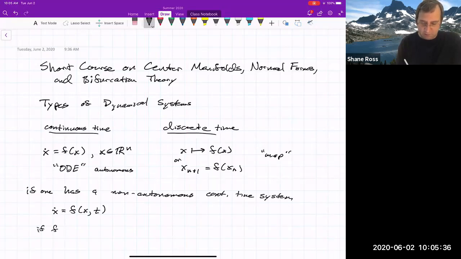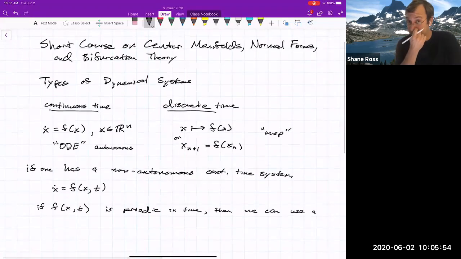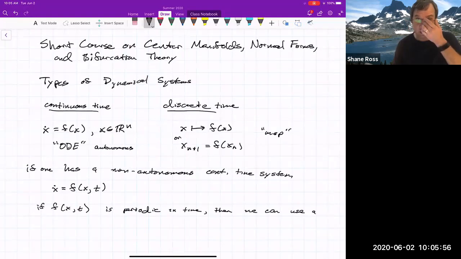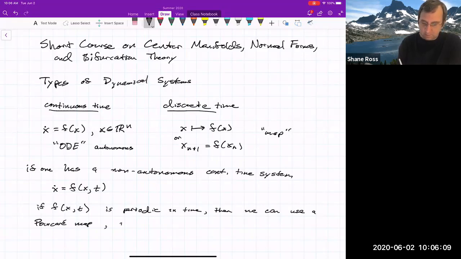If this function f is periodic in time, then we can use a Poincare map. If you remember from advanced dynamics, for a time-dependent system that means looking at the phase space after every period of time. So then you get a discrete system.